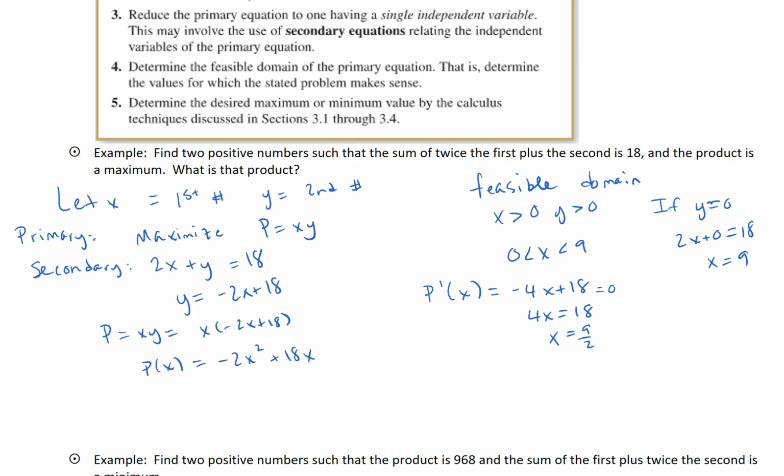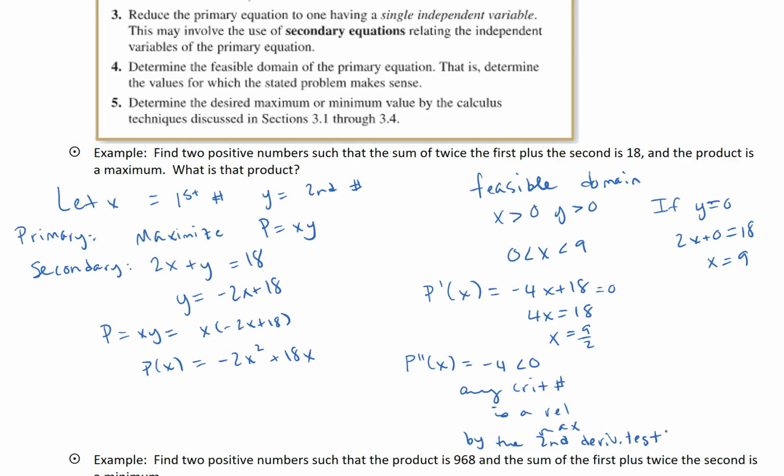Again, this is not a closed interval, so I'm going to actually use the second derivative test just to verify that this is actually a maximum. So I'm going to find the second derivative, P double prime of x, which is negative 4, and since that's less than 0, any critical number is a relative max by the second derivative test.